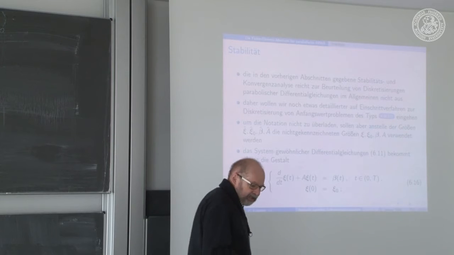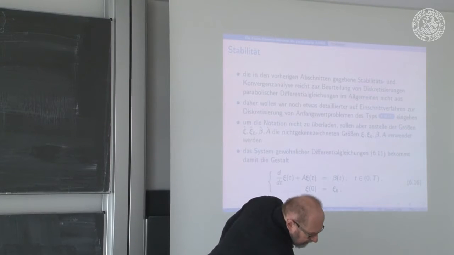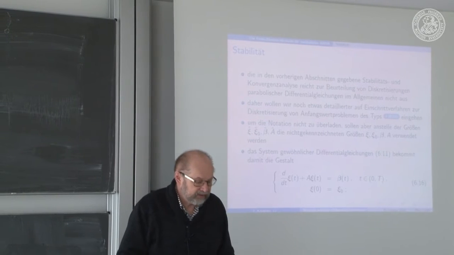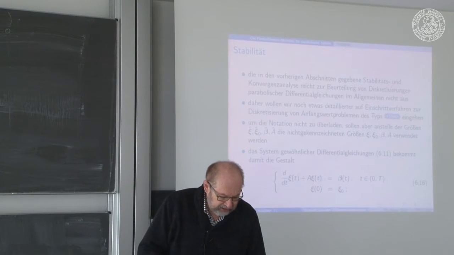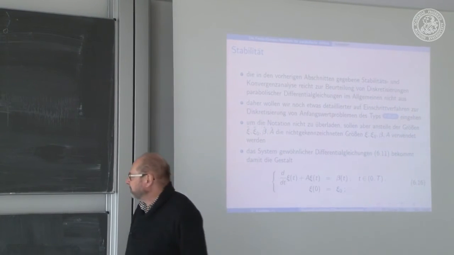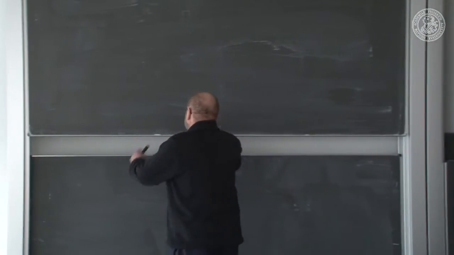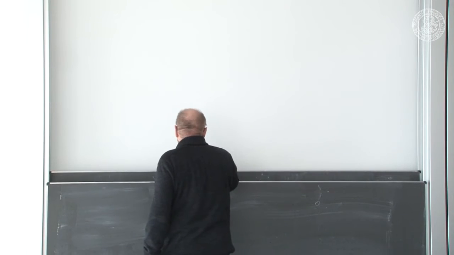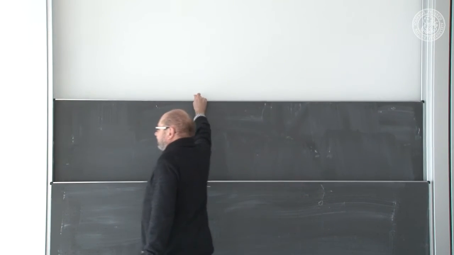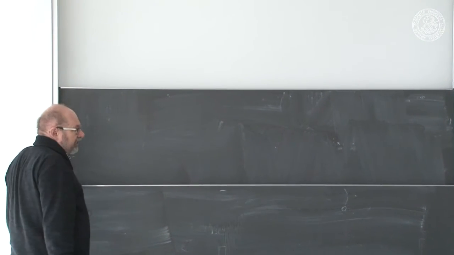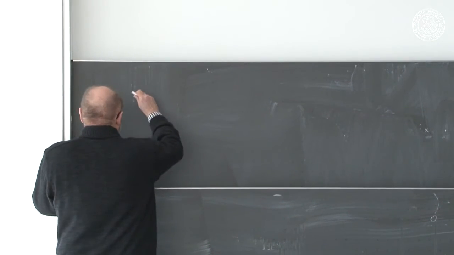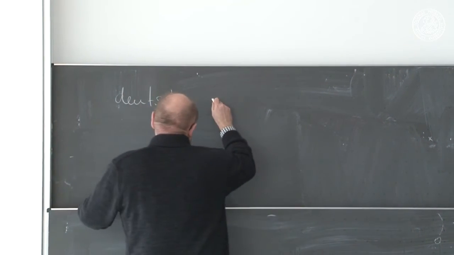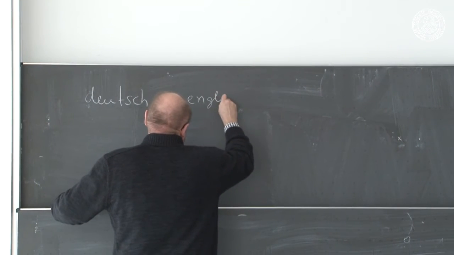Maybe before I start, there will be the old German transparencies, and there will be a few new English transparencies. In particular, this chapter, as you might have seen, the English version is considerably extended compared to the German version. There is one discrepancy in the notation which I mentioned already last time, but I hope it's not too bad.